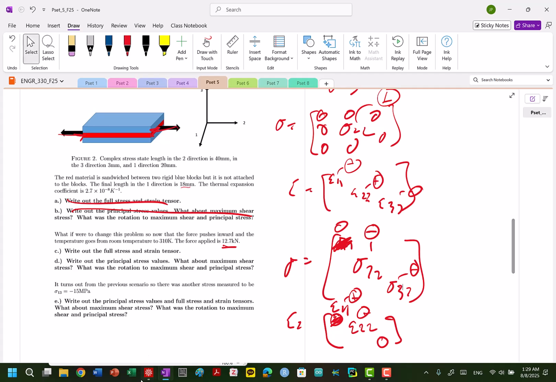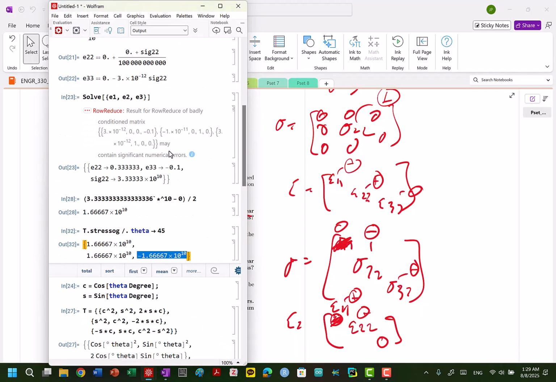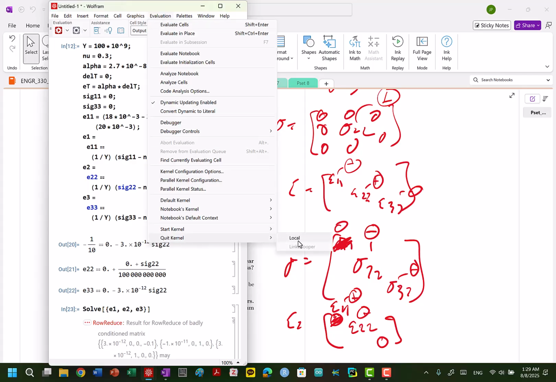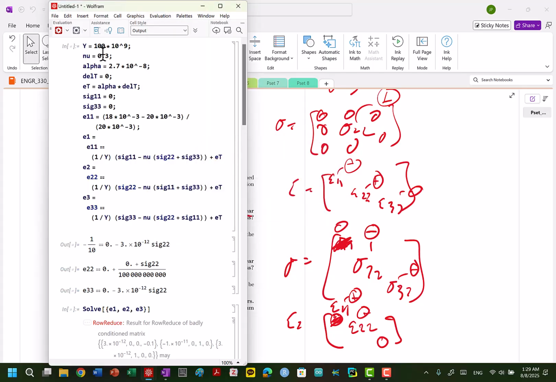So let's go ahead and modify our little expressions that we had here. I'm going to quick kernel abort because I want to clear all those variables. And now I want to do my new expressions. So I'm going to say, for example, E33 is equal to 0. The delta T is now 310 minus room temperature, which is 298 Kelvin.